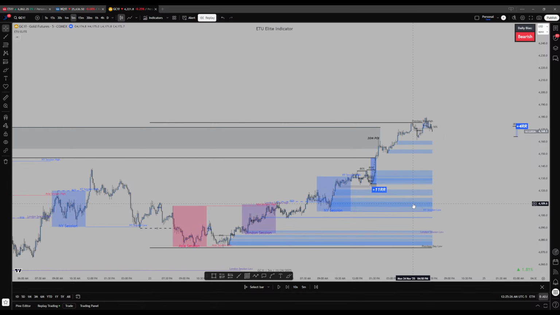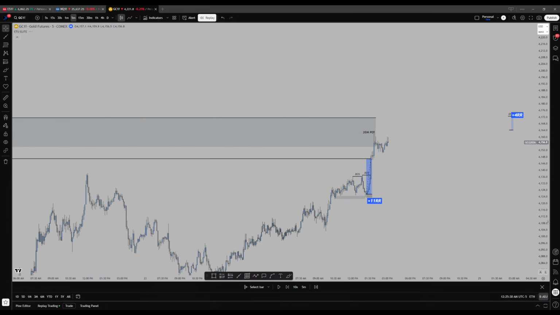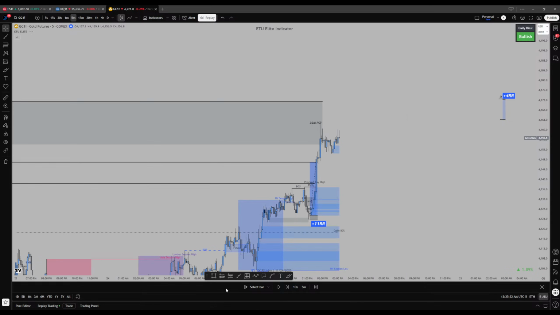Unless this went to the next day. Hold on. Oh, right. I keep forgetting the daily candle changes. It prints a new daily candle at spread hour, at 6.